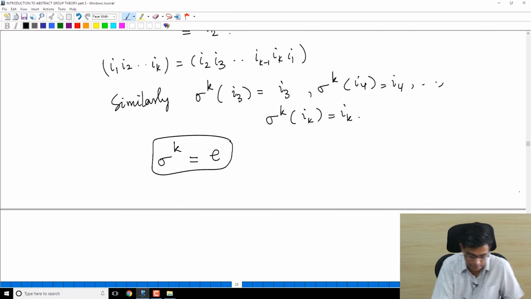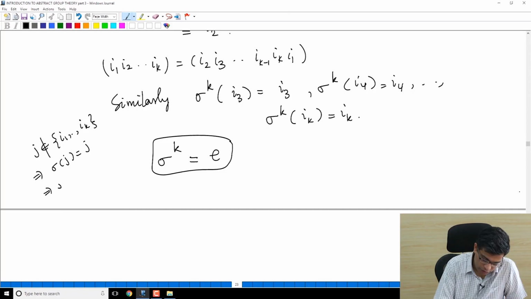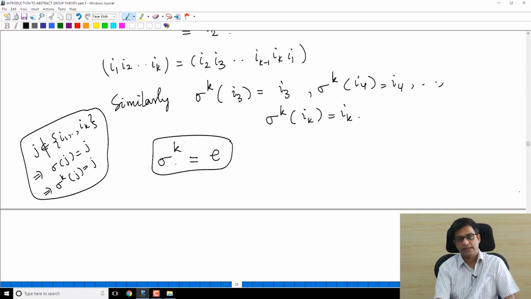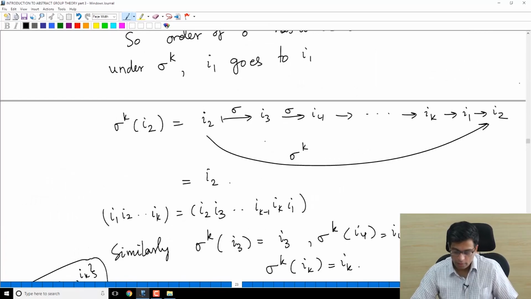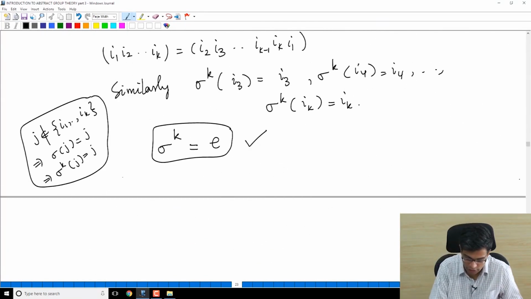So if j is not in I1 up to Ik, sigma of j is j. So sigma k of course will also send j to j. So in other words, sigma k sends any index to itself. So sigma k is identity and sigma any smaller power cannot be identity. So this proves the proposition.